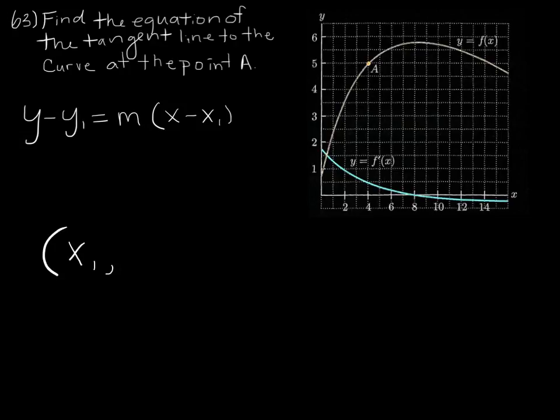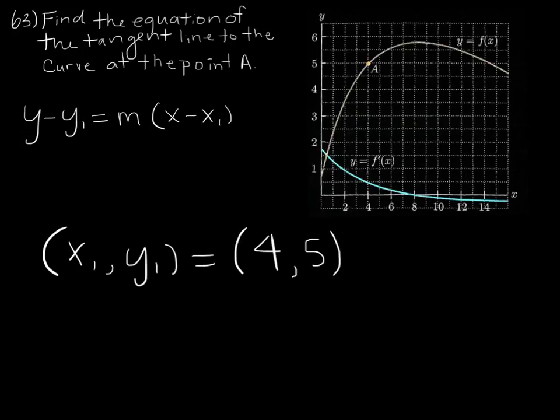So x1, y1 just needs to be a point on the line. So I can look over here at the point A. It looks like it has the x value 4 and the y value 5. So I can go ahead and use the x value of 4 and the y value of 5.